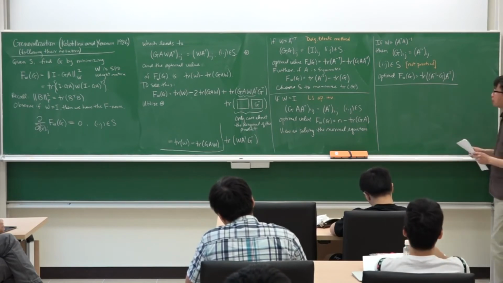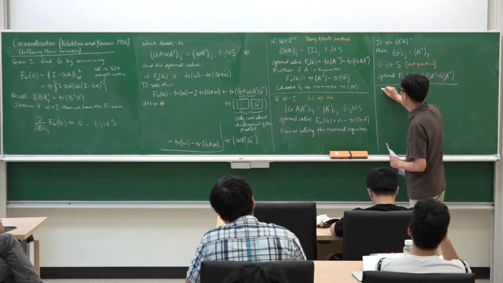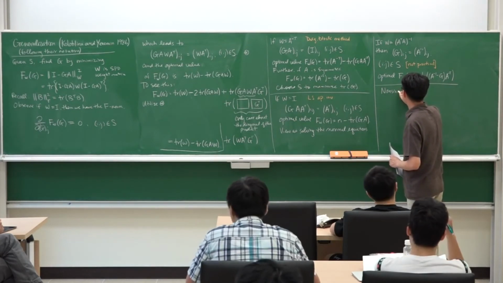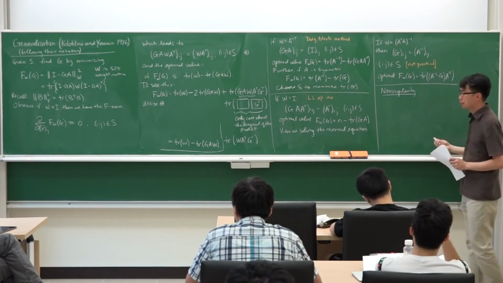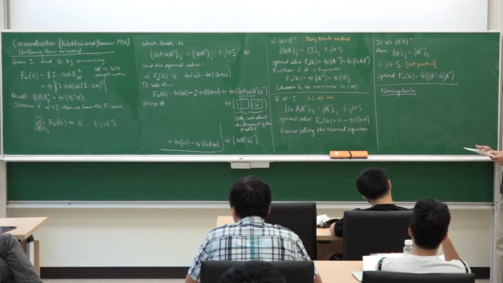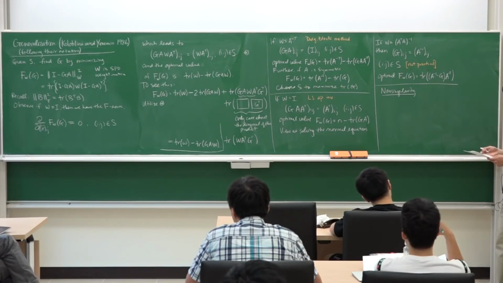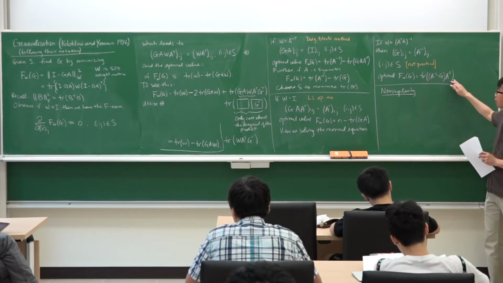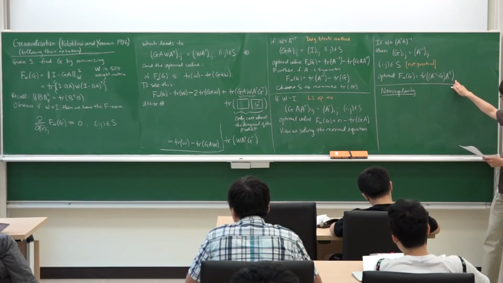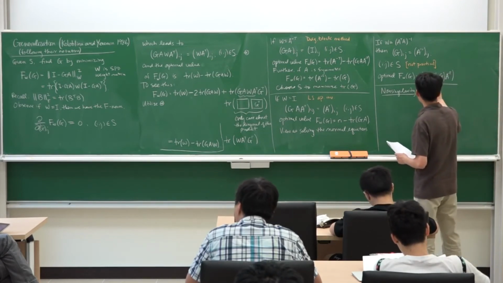So let me say something about non-singularity. I'll just list some results that are known, right? So we're interested in what can be known if the optimal value is small enough. Okay?